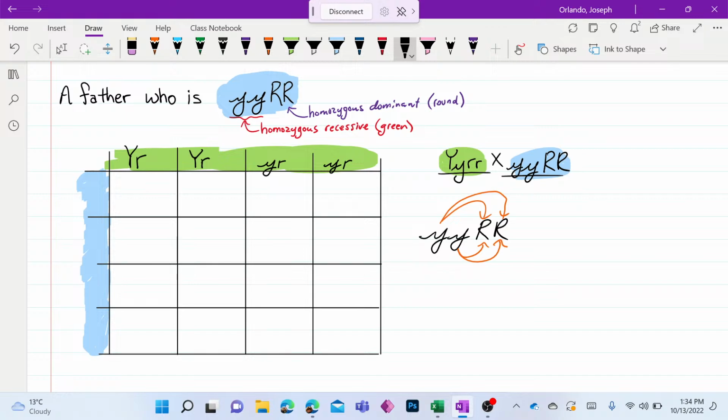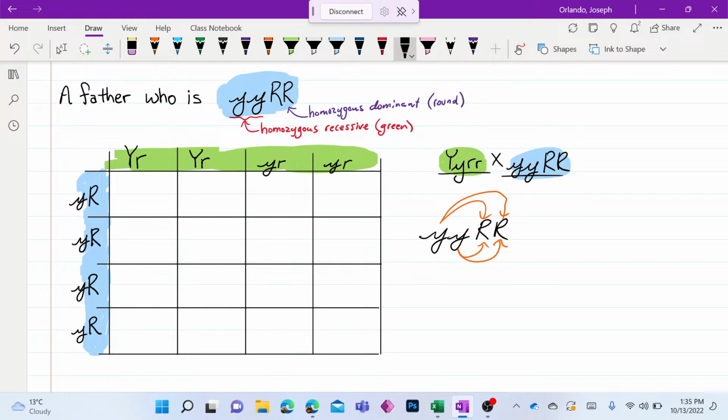That's just what you chose here. You chose a homozygote and a homozygote, so we get little y, big R, little y, big R, little y, big R, and little y, big R. All right.